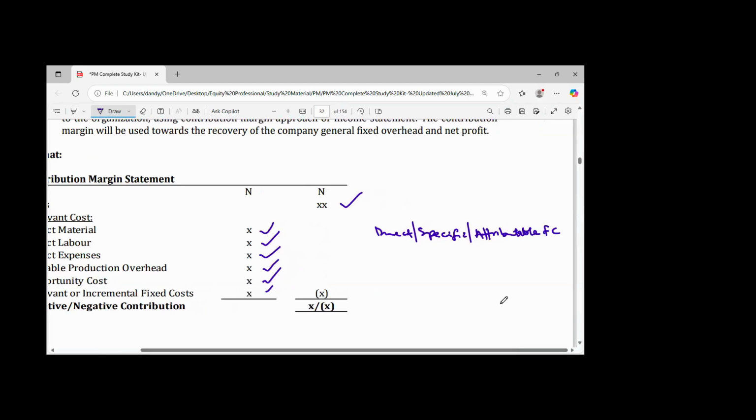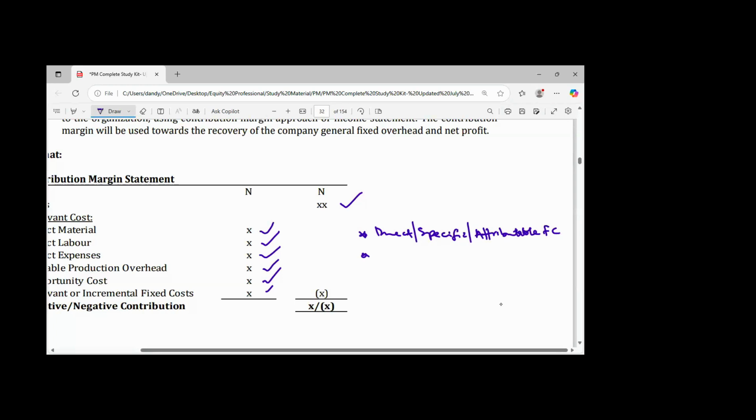It is also possible you may be given selling and distribution expenses. Selling and distribution expenses are also relevant. It could be variable selling expenses, it could be fixed selling expenses. Any selling expenses are relevant costs because if you don't incur the cost, you won't be able to make the sales. That's the interpretation.